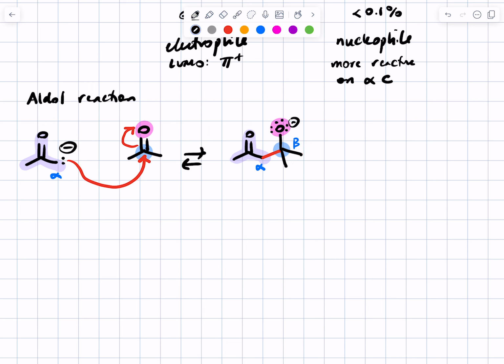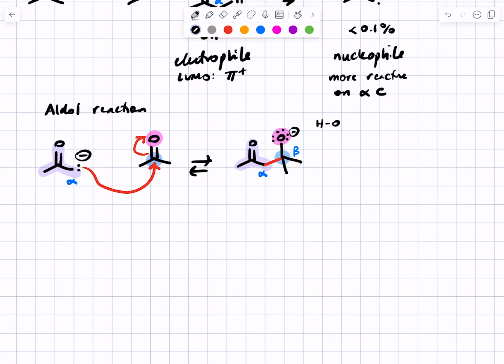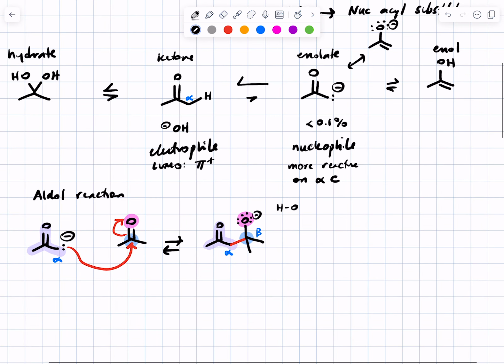So we're sort of stuck there until the negatively charged oxygen gets protonated. It can get protonated by the conjugate acid of our base. We used that base to generate the enolate, right, through this kind of step, removing the alpha proton.